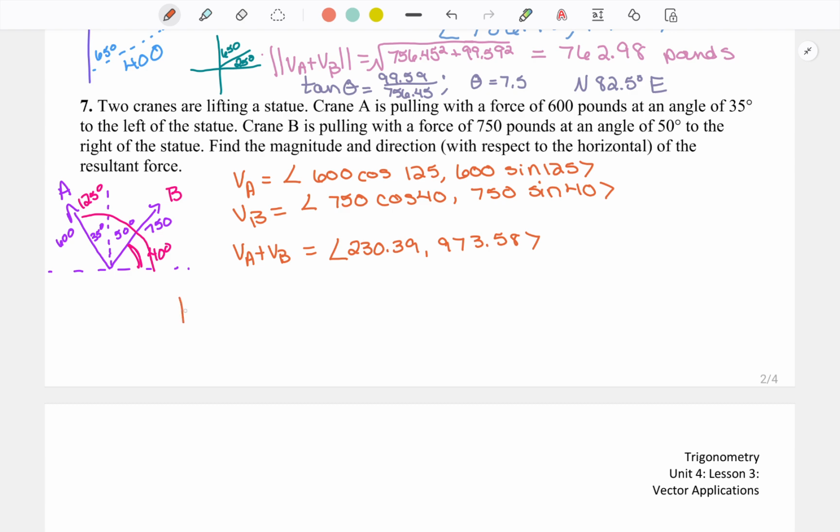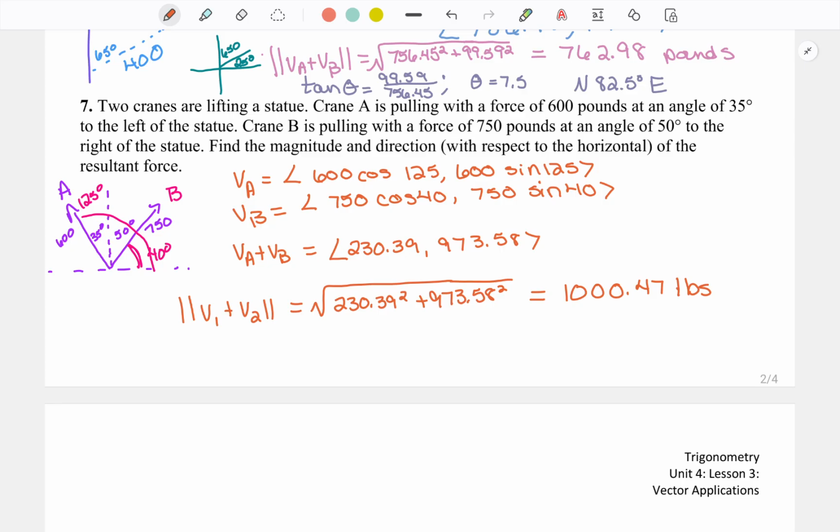So our magnitude for V1 plus V2 is going to be the square root of 230.39 squared plus 973.58 squared. That gives us 1,000.47 pounds.